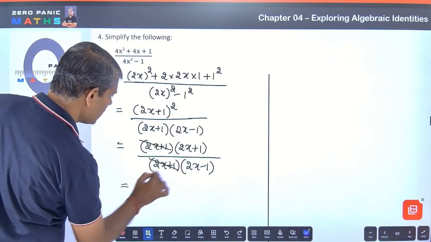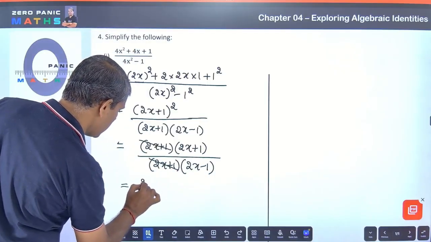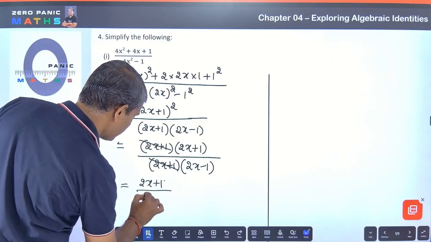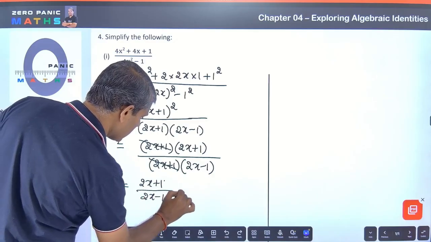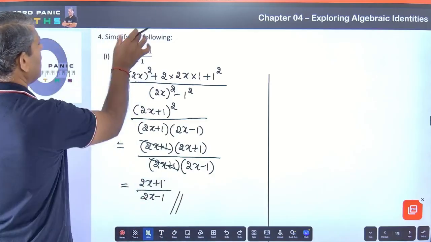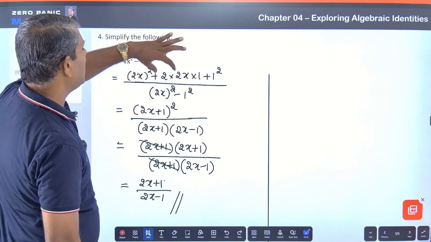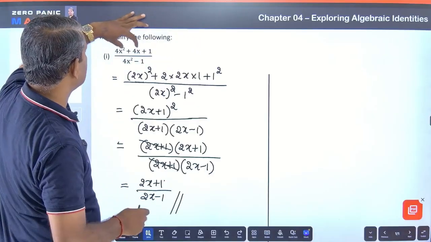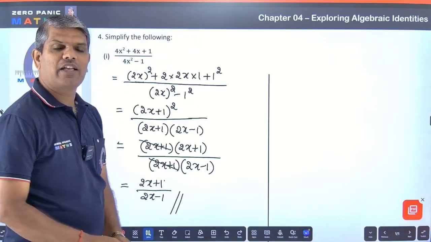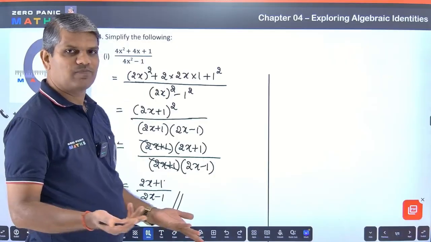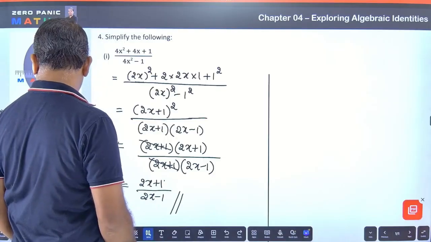What remains is 2x plus 1 in the numerator and 2x minus 1 in the denominator. So this is the simplification of this. We have identified the actual identities that fit into this algebraic expression, so that we can simplify the overall expression. So this is example 1.